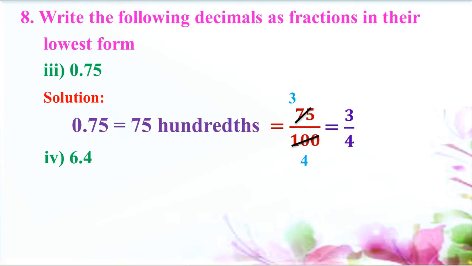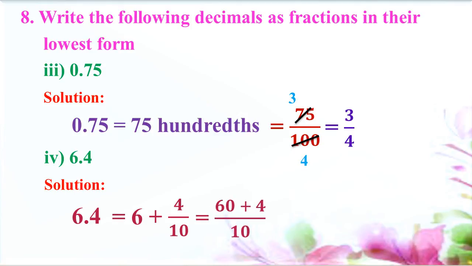6.4. Here 6 is the whole number part and 4 is the decimal part. Am I right? So write 6.4 equal to 6 plus 4 by 10. That is, 0.4 is represented as a fraction. Now we are going to add the two fractions, so we want to find the LCM. That is 10. So we change according to that LCM and we will get 60 plus 4 by 10.